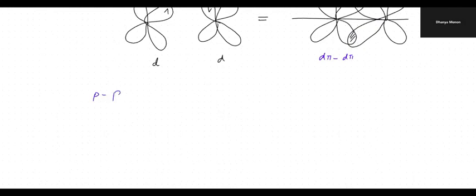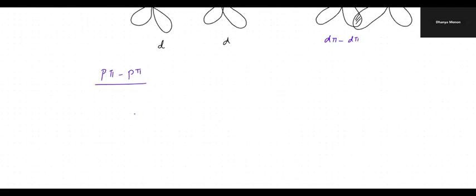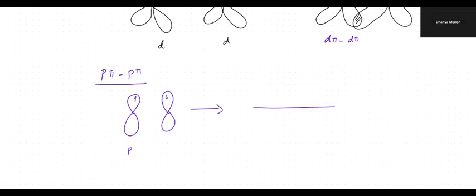Just to revise, this was done in the previous video, but here the p orbitals overlap with p orbitals, each having electrons with opposite spin, to give you p-pi p-pi bonding.